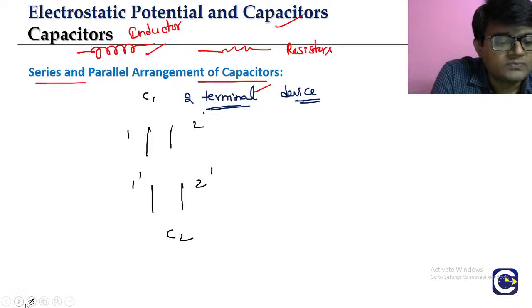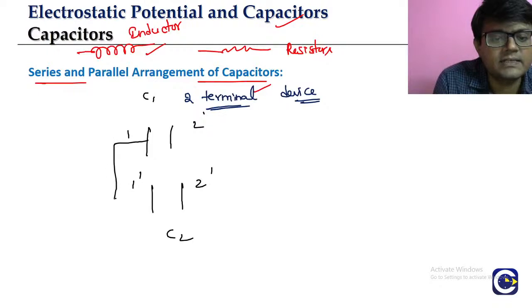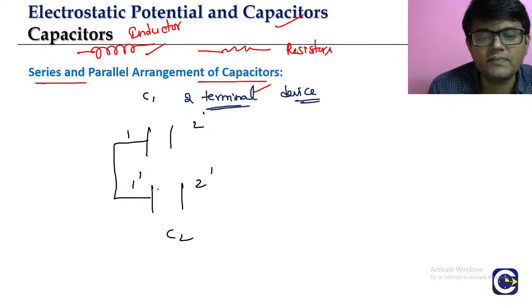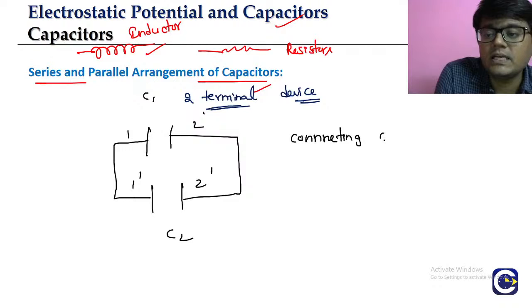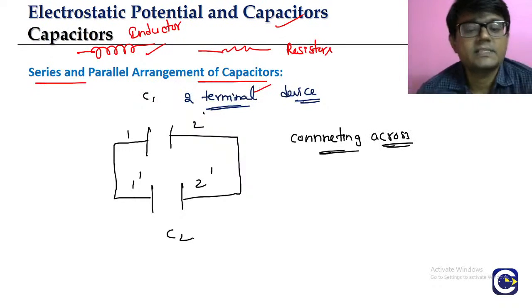If terminal 1 of capacitor C1 is connected to terminal 1 dash of capacitor C2, and the other terminal 2 of capacitor C1 is connected to terminal 2 dash of capacitor C2, this way of connecting is generally called connecting across.